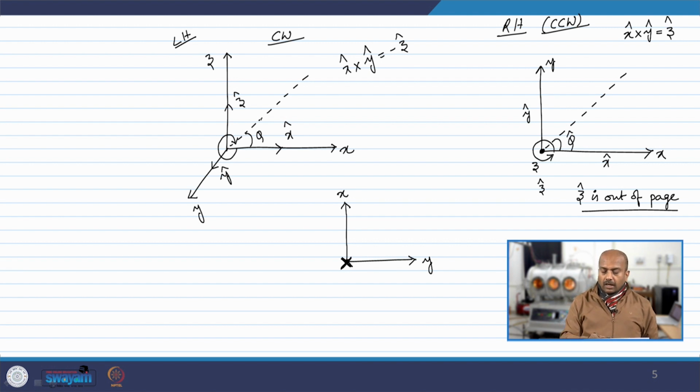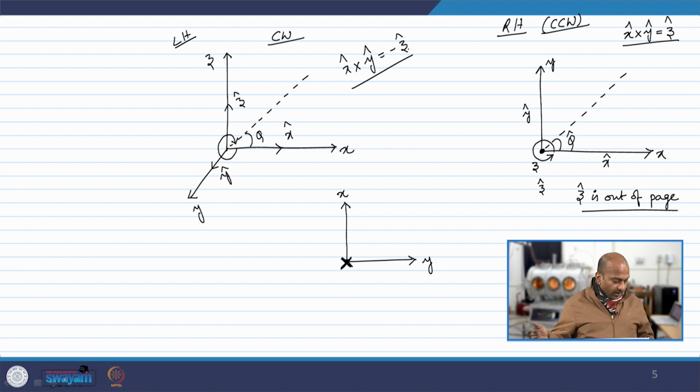So just to conclude, the right-handed coordinate system indicates the assigning of axis x, y and z in the counterclockwise direction, and the left-handed system assigns in the clockwise direction. In the right-handed system, x cap cross y cap gives you z cap, and in the left-handed coordinate system, x cap cross y cap gives you minus z cap, right?